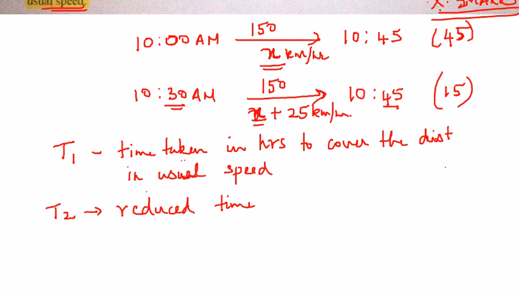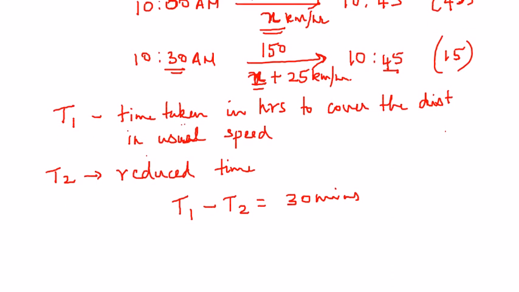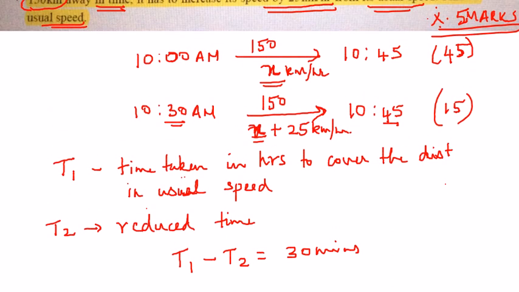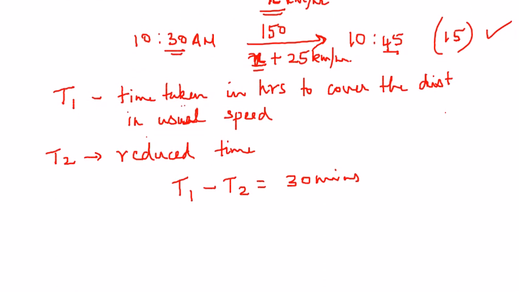So what is the difference between them? t1 minus t2 will be 30 minutes, because you're starting 30 minutes late. See, in this example, 45 minus 15 is 30 minutes, because you're starting half an hour late but still reaching at the same time.